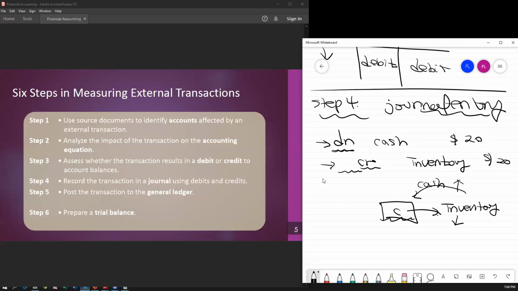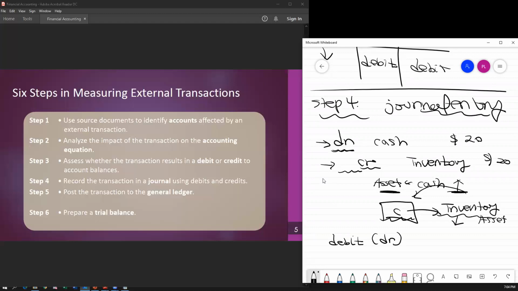So we know that inventory is an asset item. We know that cash is an asset item, okay? So when we have an increase in asset, we report debit, okay? Or simply DR. I use DR. A lot of accounting professors actually use DR to indicate that it's a debit item.